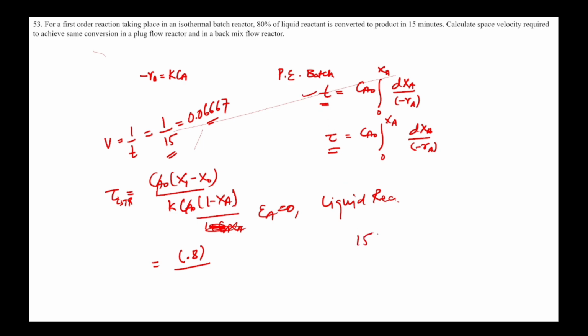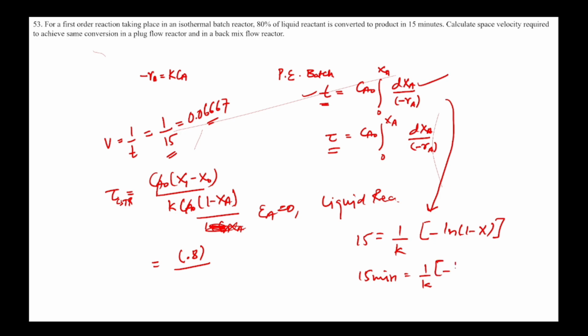So t is 15 minutes, equal to 1 by k times minus ln of 1 minus X. If you solve this equation, it ultimately gives this. So we need to find k: minus ln of 1 minus 0.8, that is 0.2. So k comes to 0.1073 per minute.